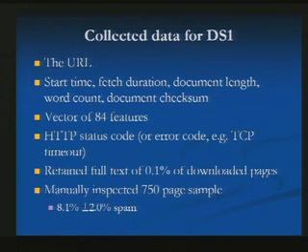It came in handy when we wanted to determine how much spam was in this collection, because we took a random sample of 750 of these pages and determined that there's about 8.1%, with a confidence interval of 2, worth of spam in this collection.